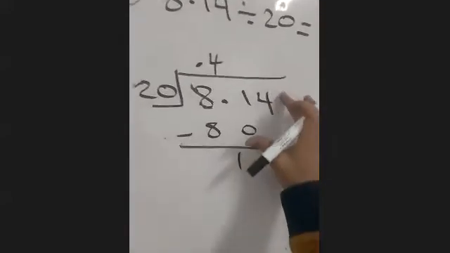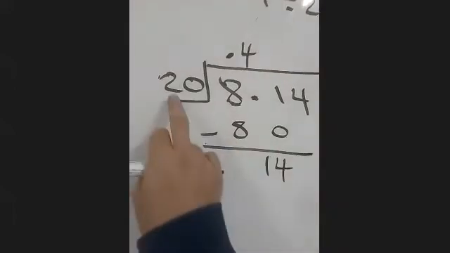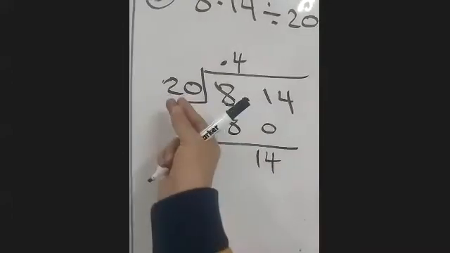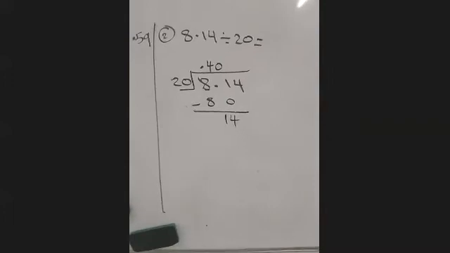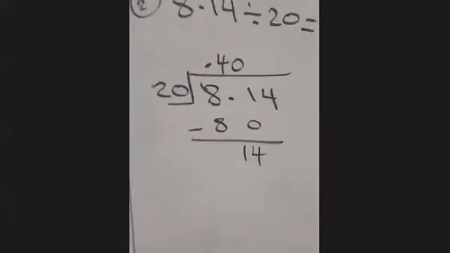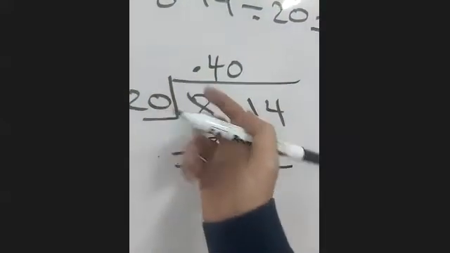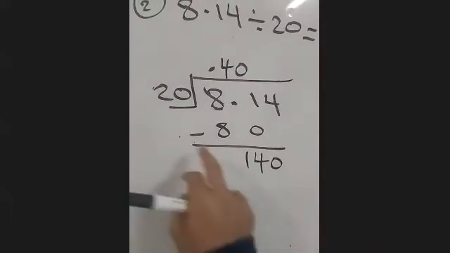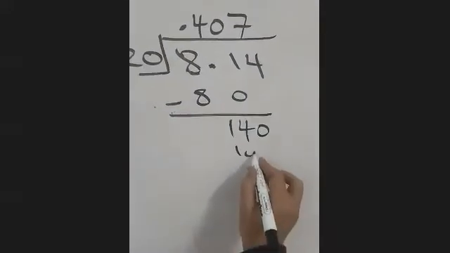Now get the 4 down beside it. It is 14. 14 is less than 20. If we get a number down and the number here is less than the divisor, we put 0 in the quotient. Now, this becomes the remainder. Because we have a decimal, we can add 0. Now, 140 divided by 20 is 7. 7 by 20, 140.